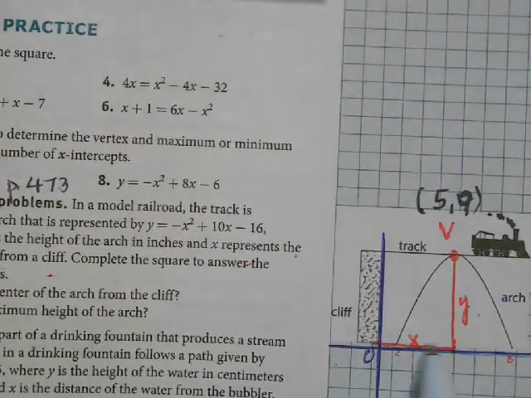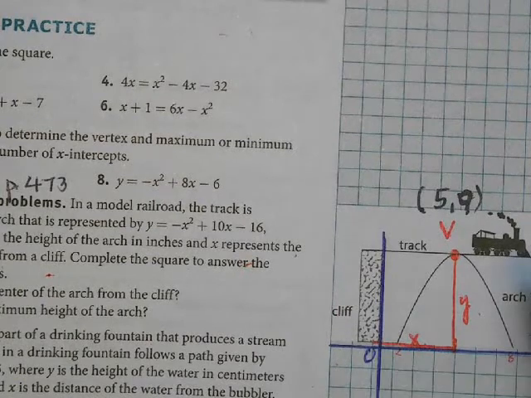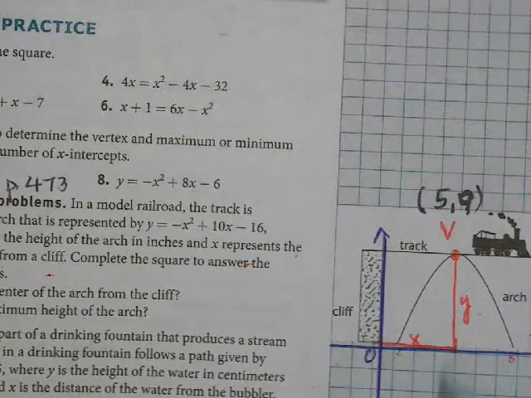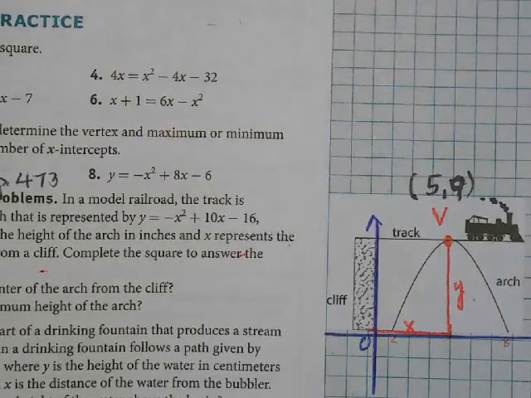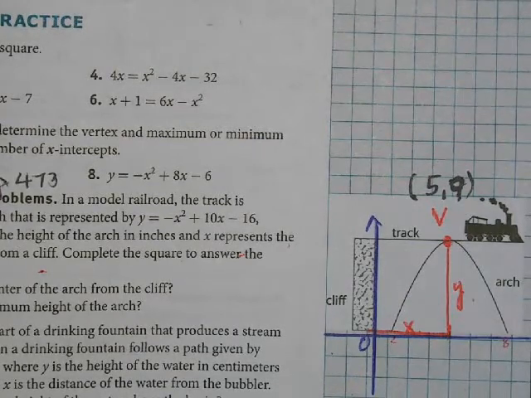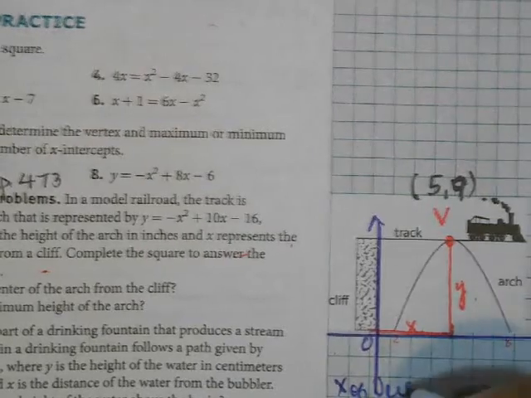You will see x is the distance of the center to the cliff, and y is the highest point. So how do we solve for the vertex? First you have to solve for the x of the vertex. And how do you solve for the x of the vertex?